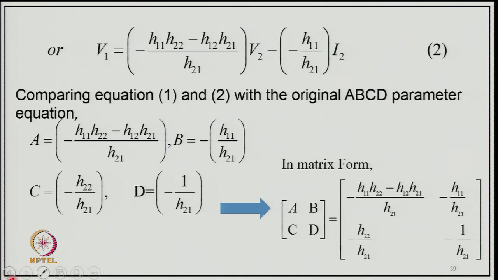Then solving it, the equation becomes V1 = in bracket minus (H11 H22 minus H12 H21)/H21 into V2 minus in bracket minus H11/H21 into I2.